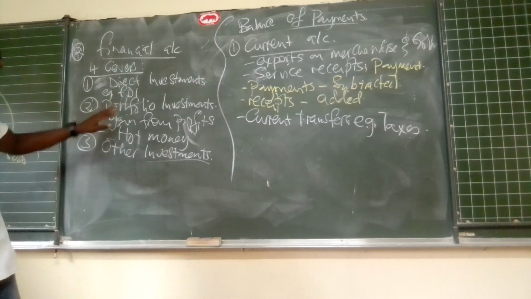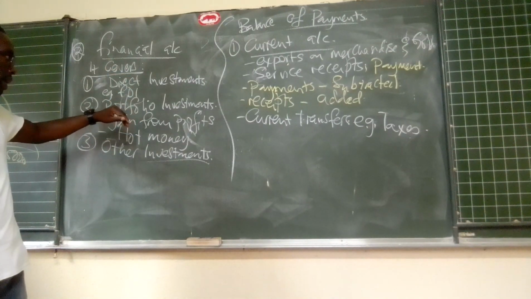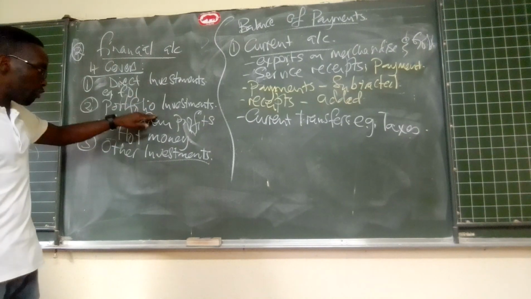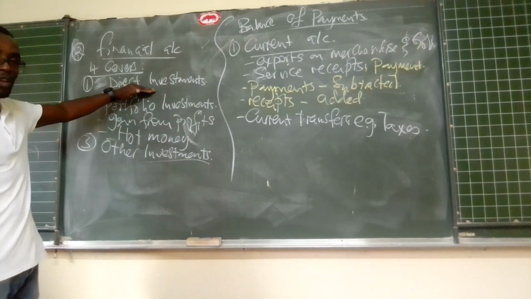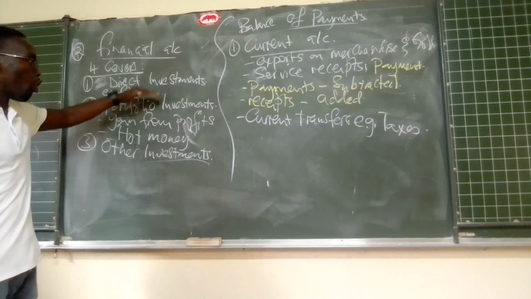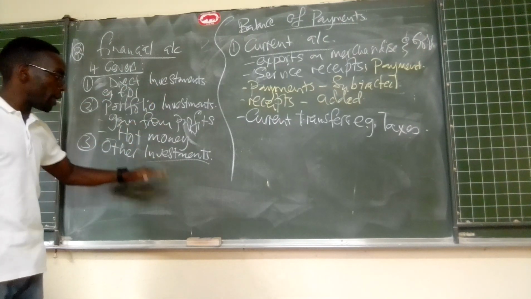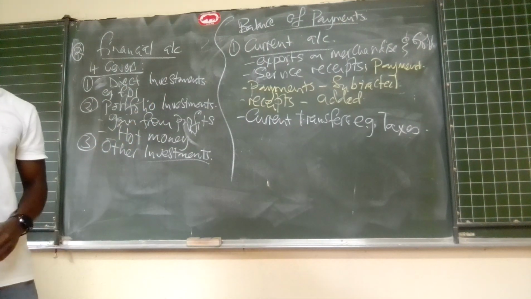So anything else like loans or anything else that is invested, which is not a portfolio investment or a direct investment, is going to be recorded as other investments.